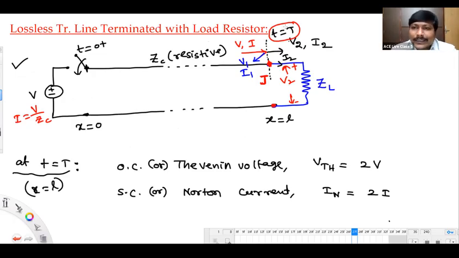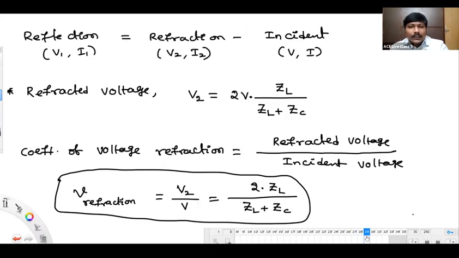At the time T equals capital T, a voltage V was incident at this place. After that voltage V was incident, what is the refracted voltage? That is nothing but 2V into ZL by ZL plus ZC. Whatever multiplication factor we have for that V, that we take out, we call as the coefficient.